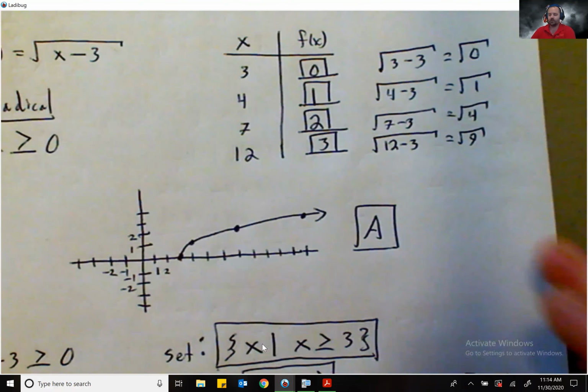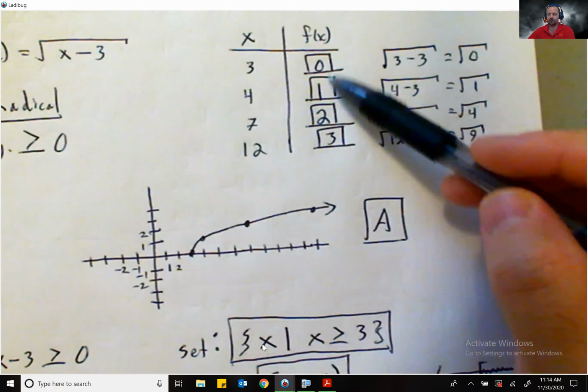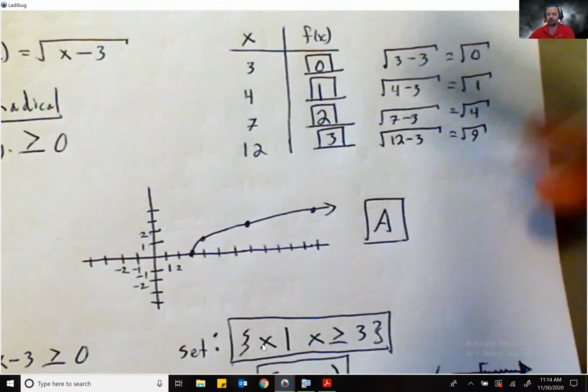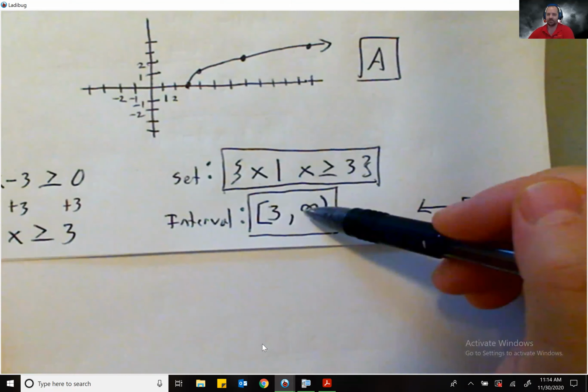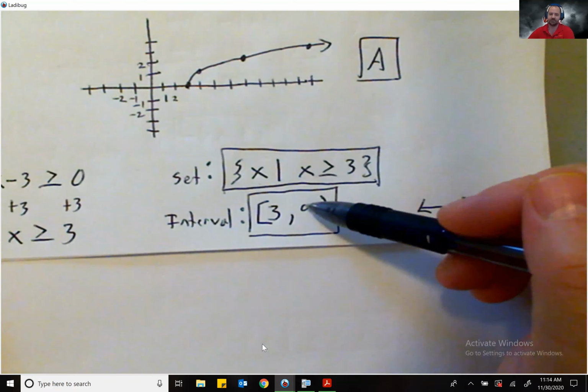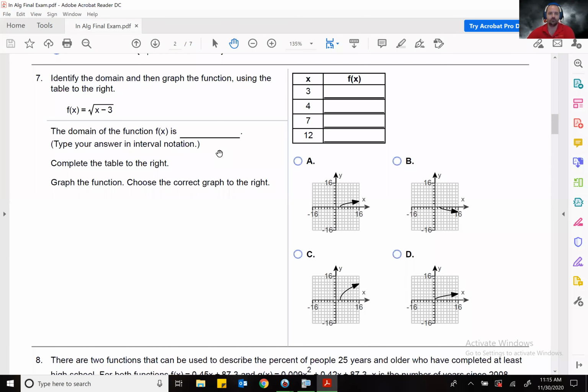There you go, your graph is A. In the table, you've got 0, 1, 2, 3. And down here are your domains, depending on which one they ask, whether it's interval or set. I think for ours, they wanted interval. All right, moving on.